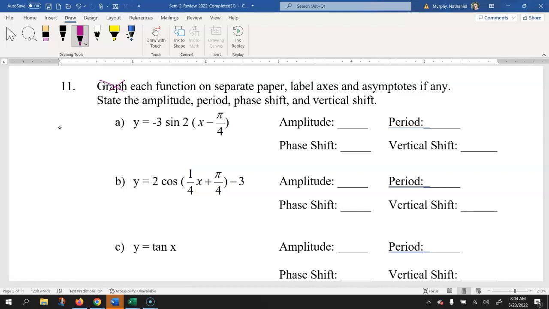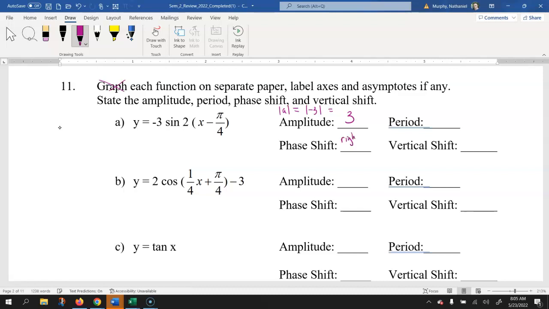All right, so for this one, we know that the a value is negative 3. Anytime we deal with our a value for amplitude, we're always going to use the absolute value, so our amplitude would be 3. Our phase shift means we take the opposite of what's happening with the x, so it would be pi over 4 radians.